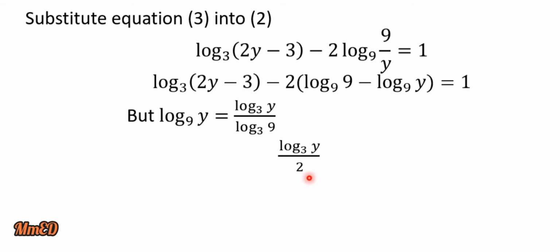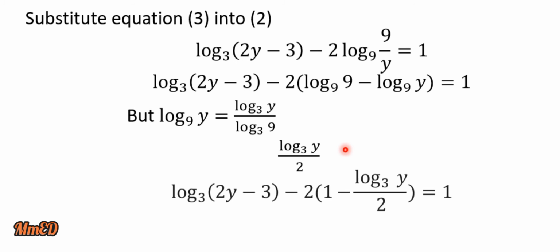So in place of log y base 9, we substitute this. Okay, so that is what you see in the next expression. As you can see here, this expression is no more there. So we have this, right?